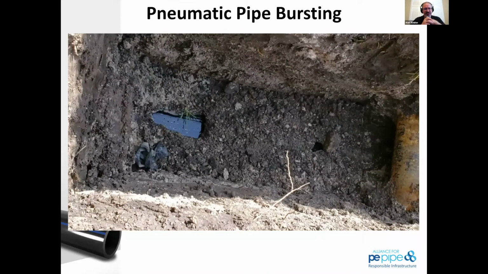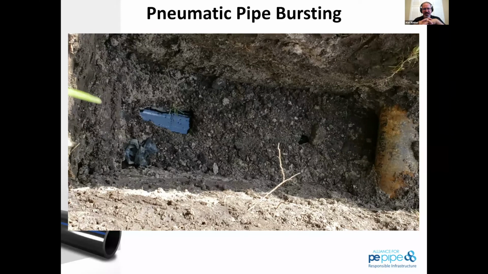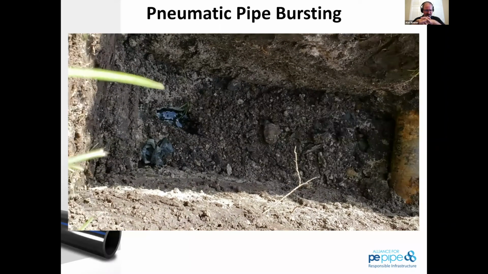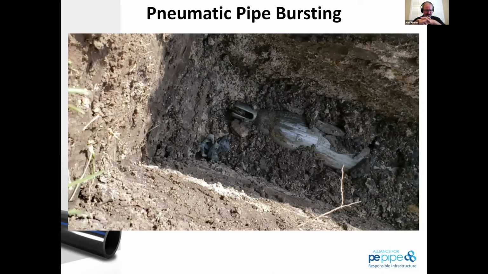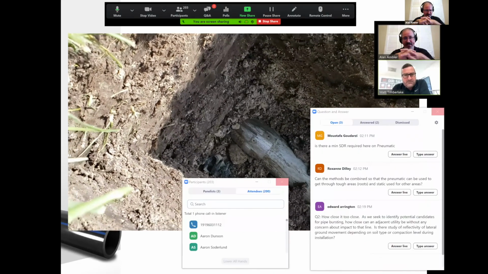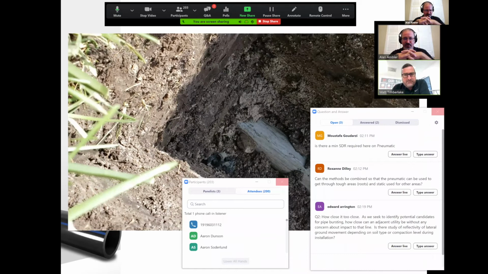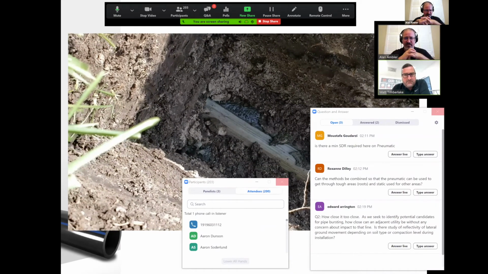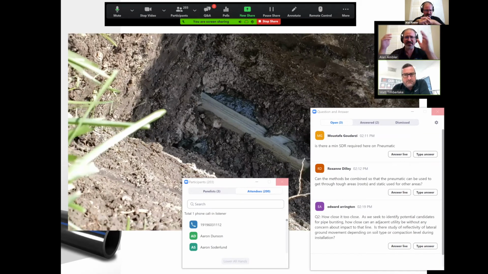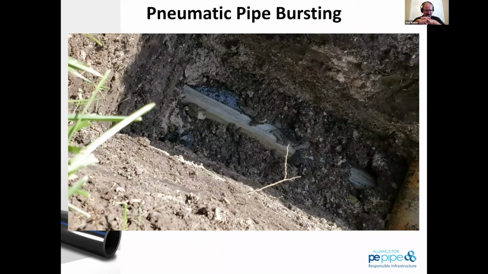Here's a video, if you guys can see the video. This is simply just a service connection pit, and this is a pneumatic impact hammer pushing through this existing pipe. So there is some noise factor in pneumatic pipe bursting, and most of that noise actually comes out of the back of the pipeline as the air compressor delivers that force through.